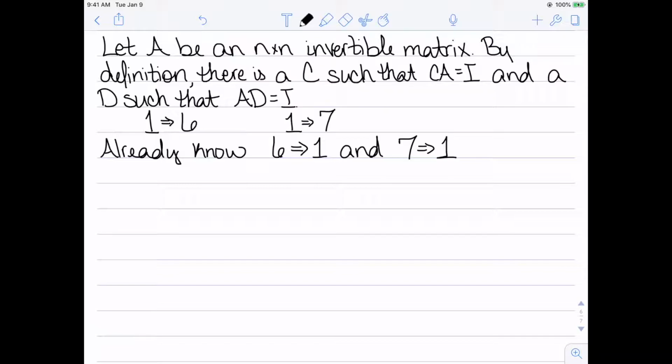And we already know that 6 implies 1 and 7 implies 1. So this is something that I proved earlier. If CA is equal to the identity, then it's invertible, as well as if AD is equal to the identity, then it's invertible.